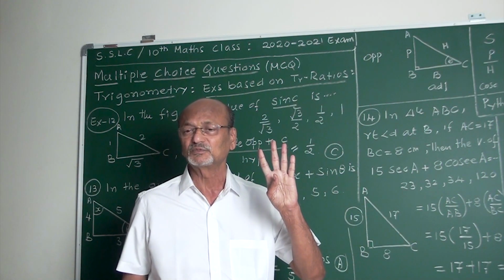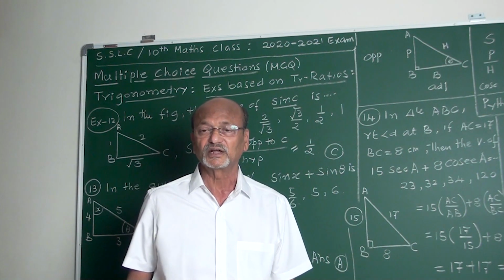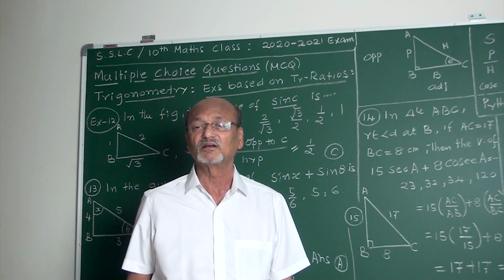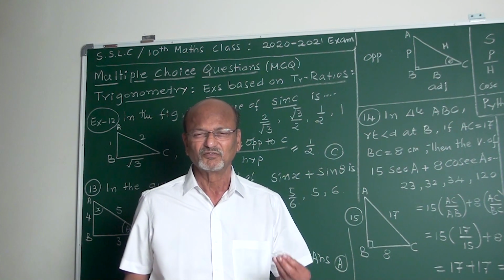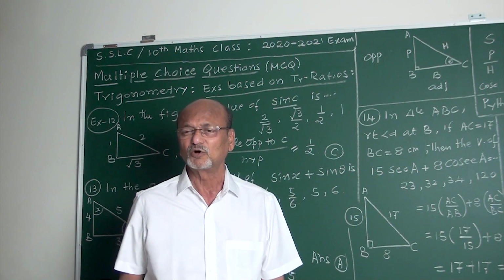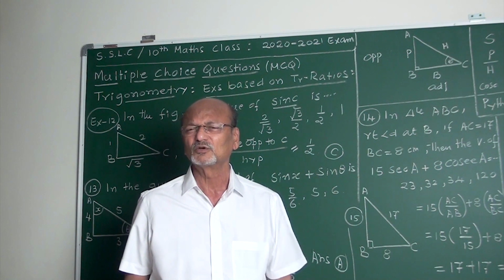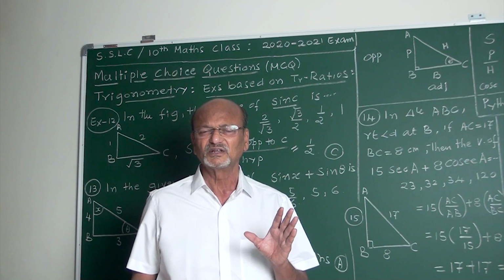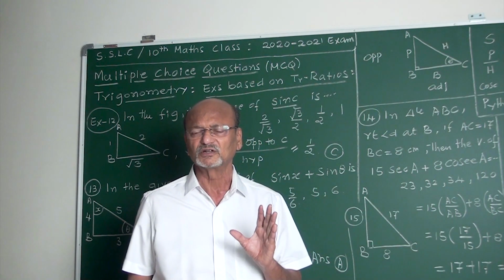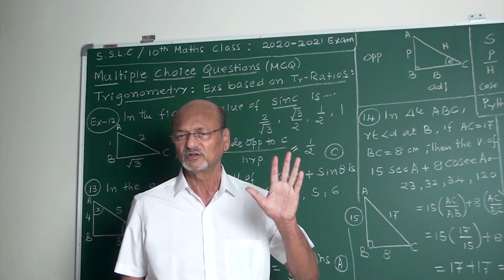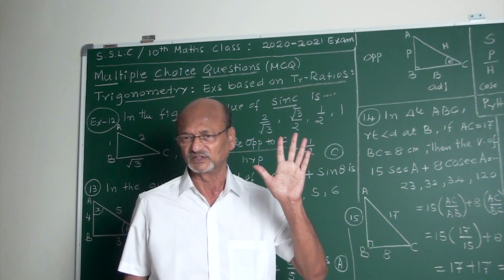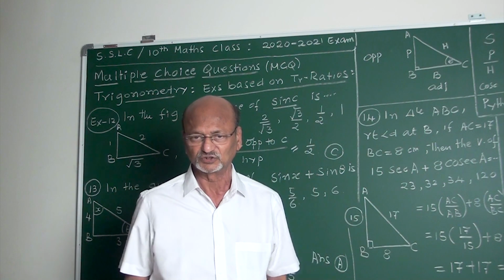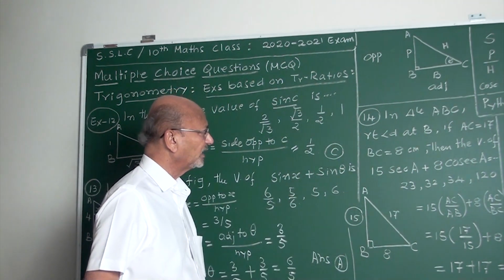Then applications, my friends, where you get angle of elevation, angle of depression, heights and distances. Very few questions. In model question paper 1, no example. Even in model question paper 2, they consider applications a very rare case. I told you in trigonometry you get 5 examples, 5 questions, my friends. This is one part.